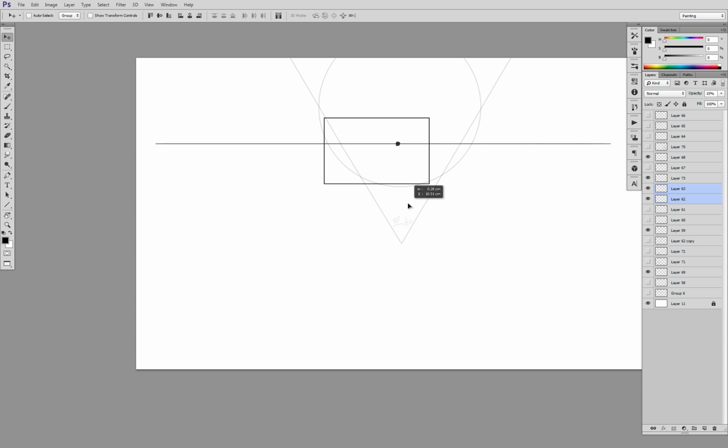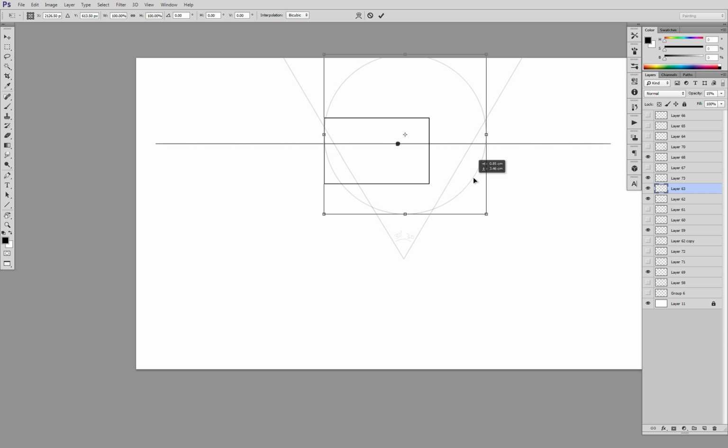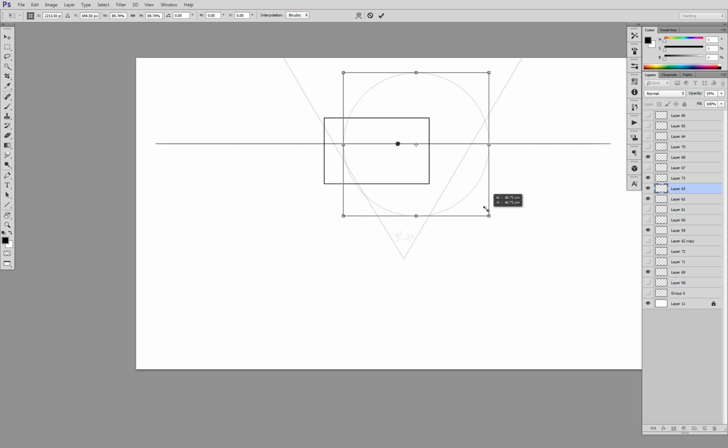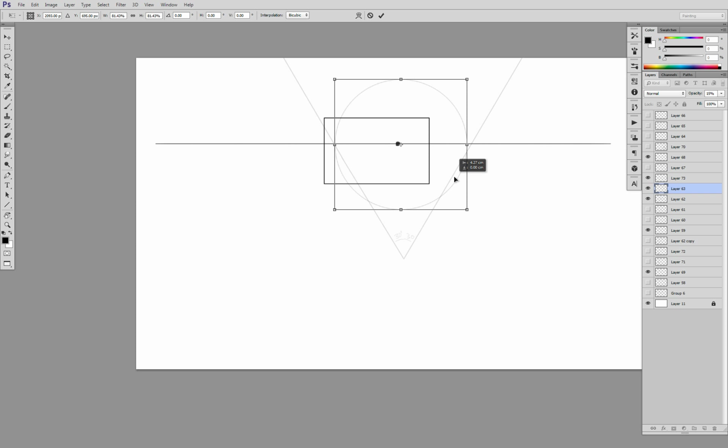If it goes really close, then obviously this circle needs to get smaller so it can fit. So that's kind of dynamic.